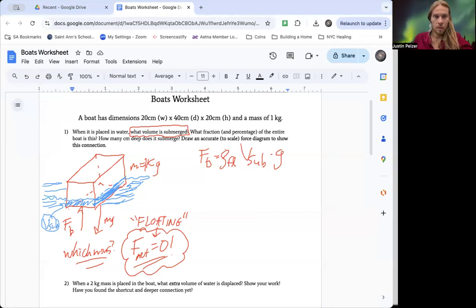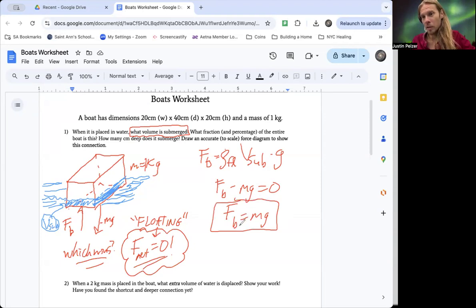So since F net is zero, you can do up minus down equals zero. F net is FB minus MG. I'll call that negative, call that positive. But really, it just means that they cancel.